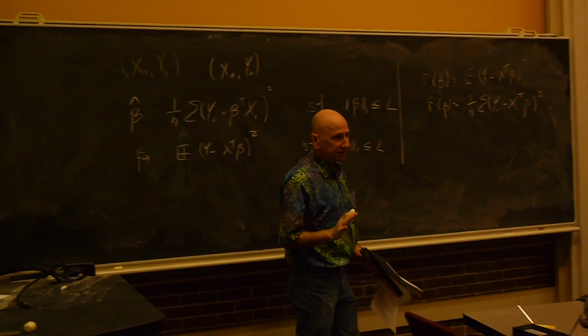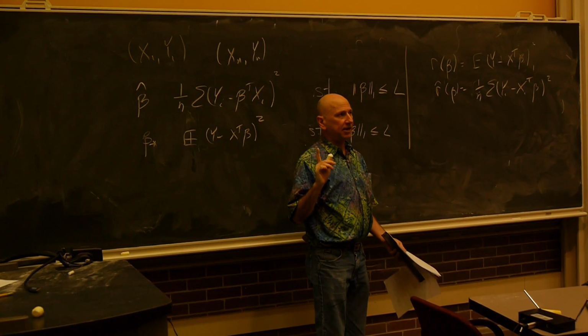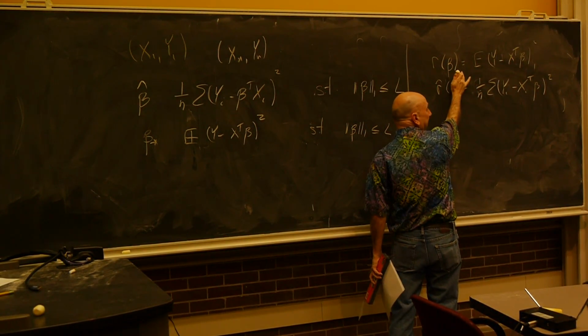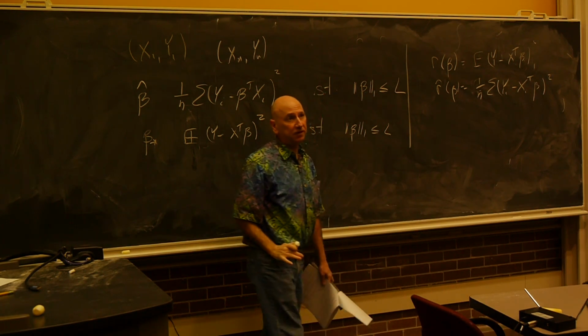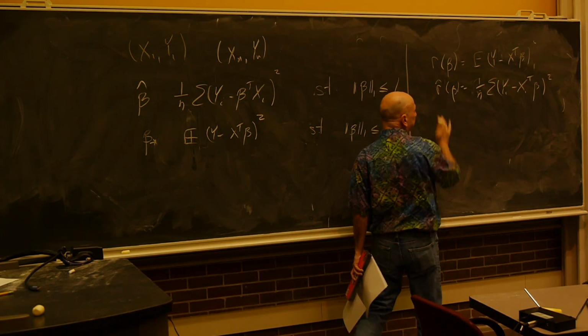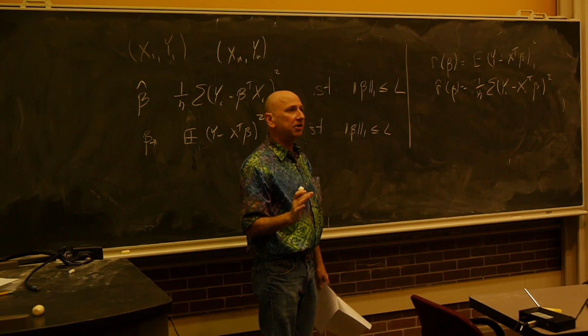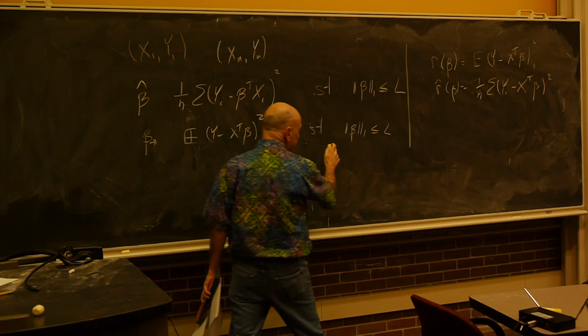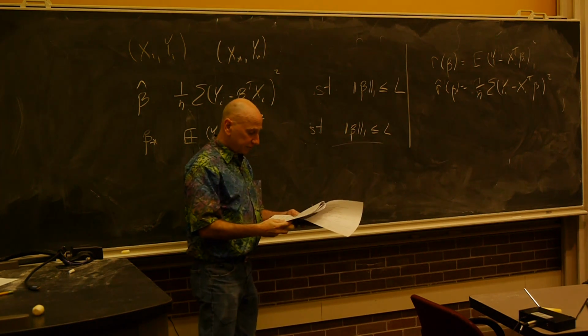Because everything's bounded, if I was only worried about one beta, we have a sample average and its mean, so it would follow immediately by Hoeffding's inequality that this is close to this with high probability. But as usual, what we're concerned about is uniformity, the sup over all betas. But we get to use this constraint.